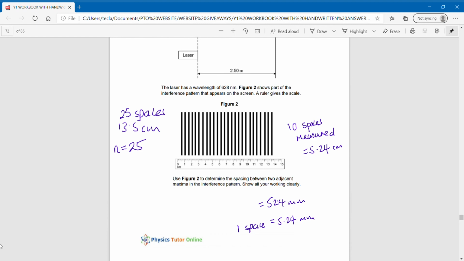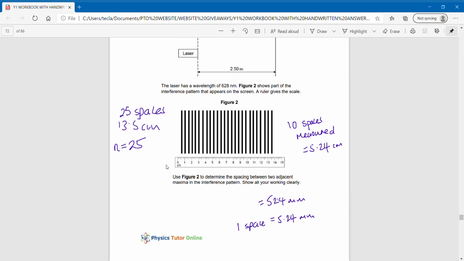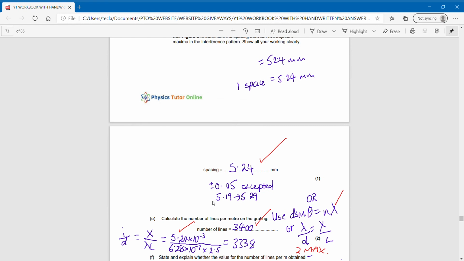Or you could use 25 spaces, which is 13.5 centimetres, and that would give you a value for 1 space as well. So answers in the range of 5.19 to 5.29 are accepted, so plus or minus 0.05 on that value.